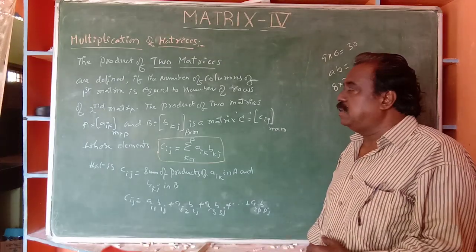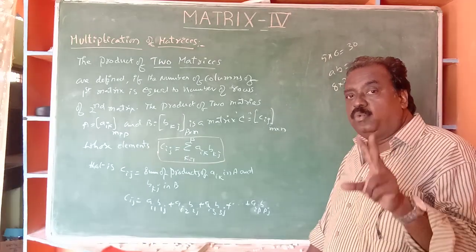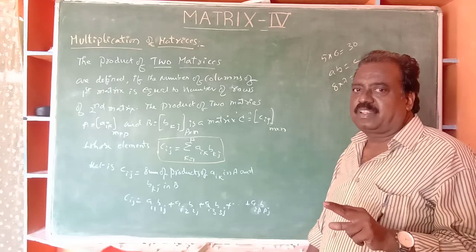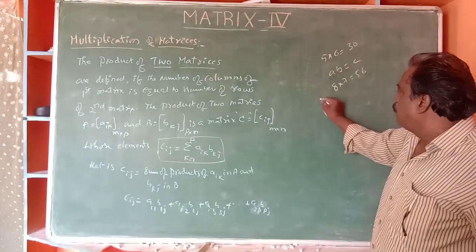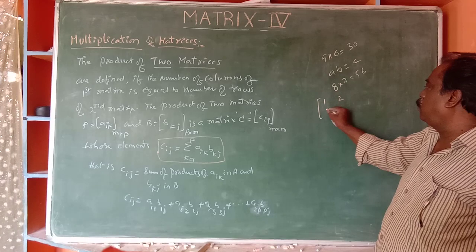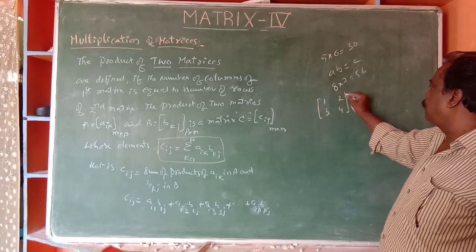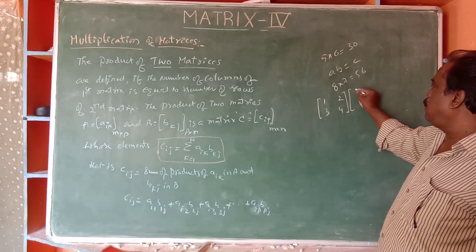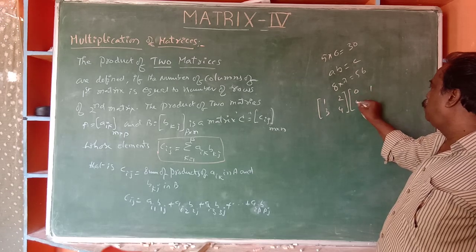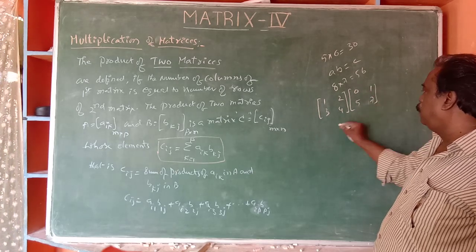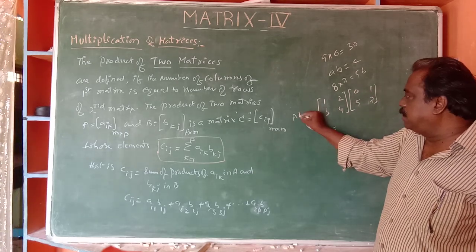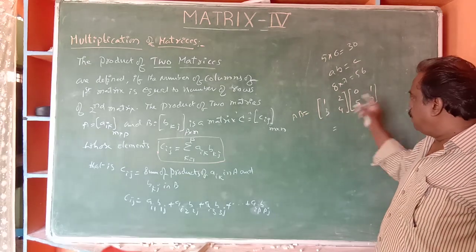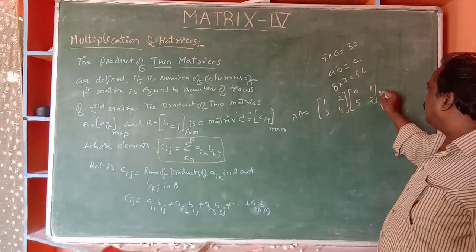But here, the multiplication of two matrices, you see, suppose A is 1, 2, 3, 4 and B is 0, 1, 5, 7. The multiplication is not like this.